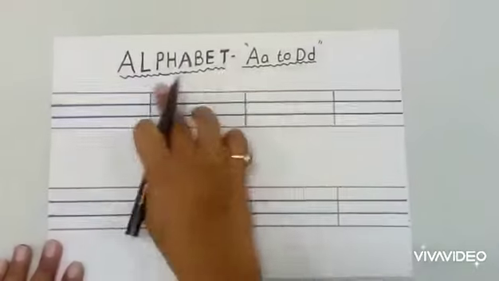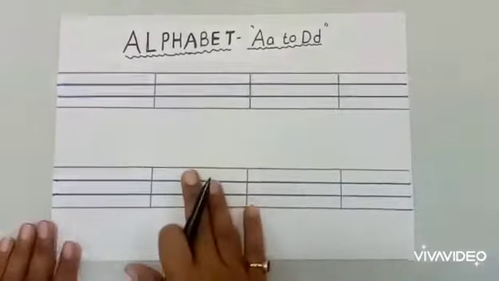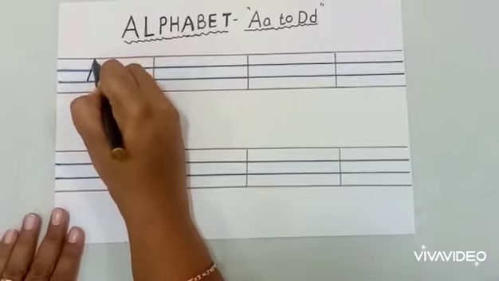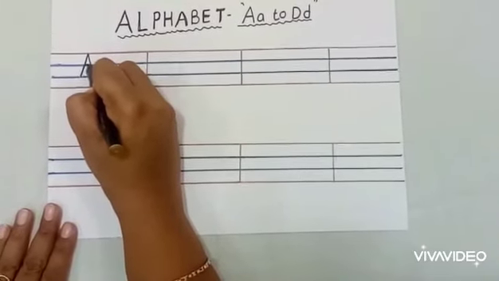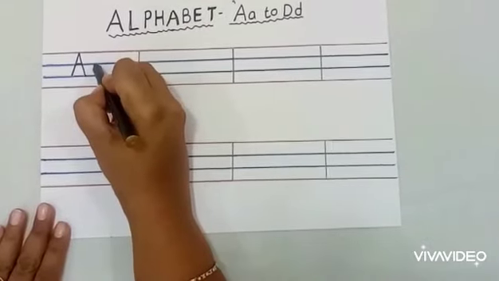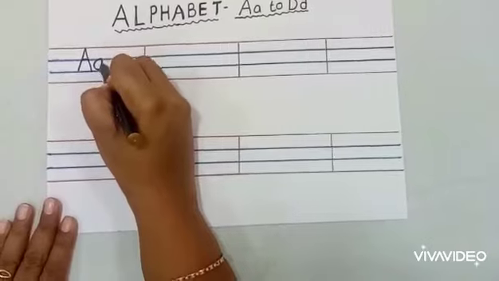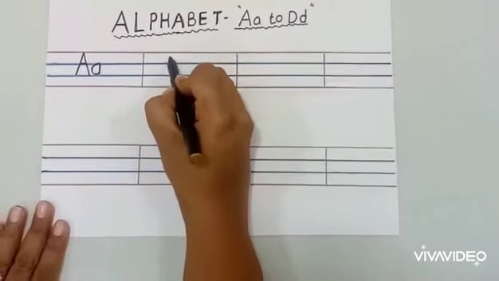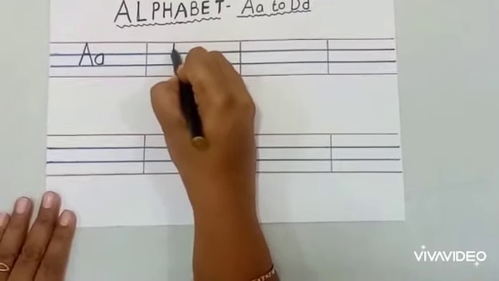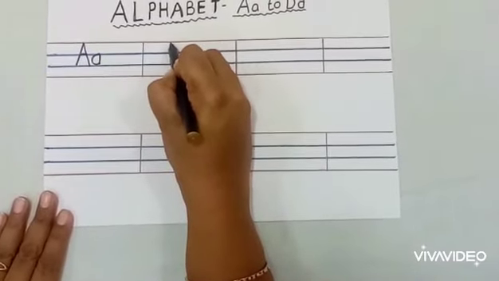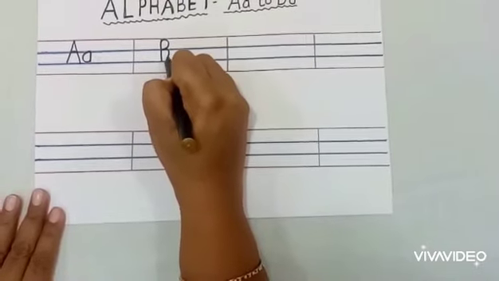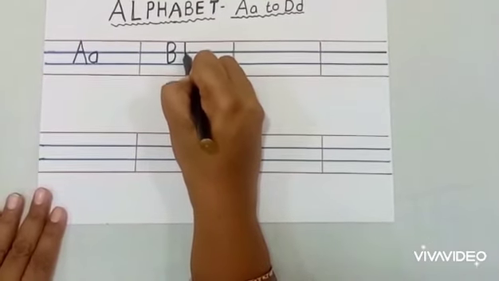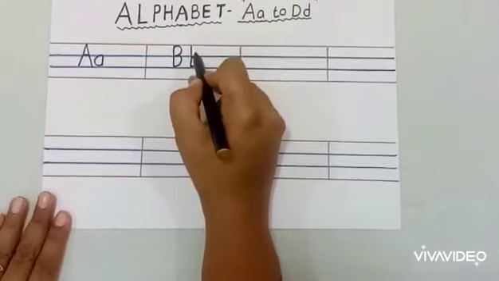Now let's write alphabet A to D. Capital A. Small a. Capital A, small a. Capital B. Small b.